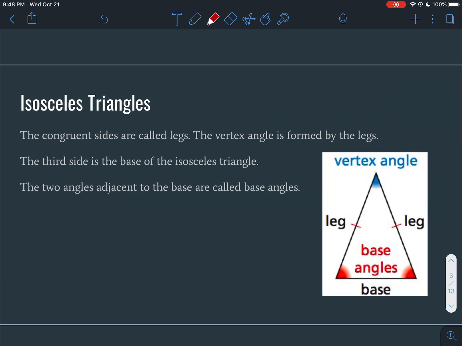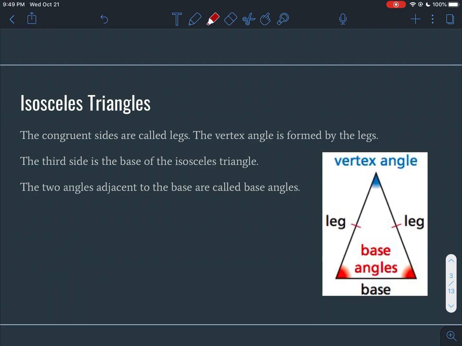On isosceles triangles, the congruent sides are called legs. So here, these two sides are marked as congruent, so those are our legs. The third side is called the base, so the side that's not one of the legs, the non-congruent side, that's the base.